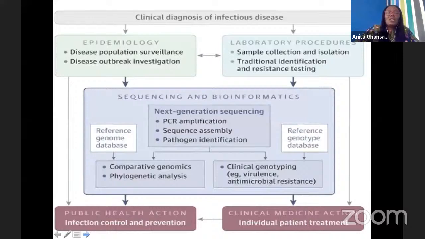But we can go further by using sequencing and bioinformatic tools to get more insights from the sequences that we generate. So we do our PCR amplification, we assemble our sequence, and then we do our pathogen identification. You map it onto reference genomes.